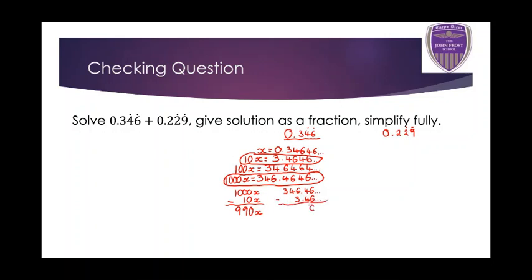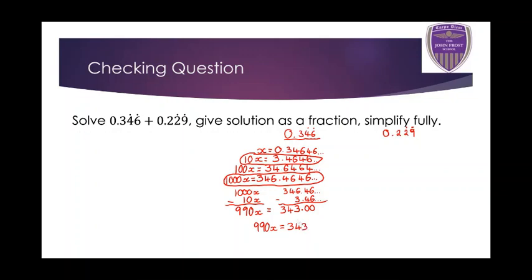So 6 take away 6 is nothing, 4 take away 4 is nothing, put in the decimal point, 6 take away 3 is 3, 4 take away nothing is 4, 3 take away nothing is 3. So now we know 990x is equal to 343. Just write that down.